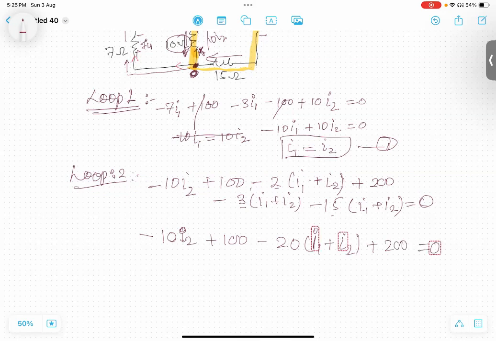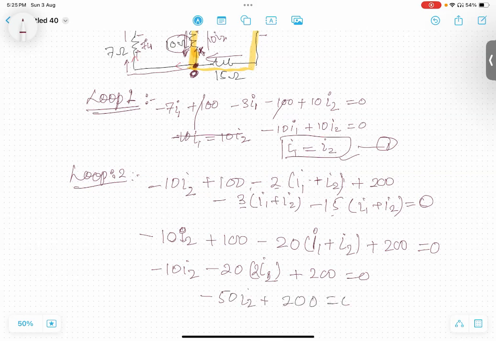So this will become nothing but minus 10 I2. Since we have got I1 equals I2, 20(I1 plus I2) will be 40 I2, so minus 50 I2 plus 200 equals 0.